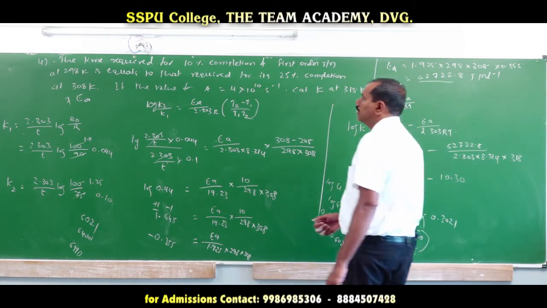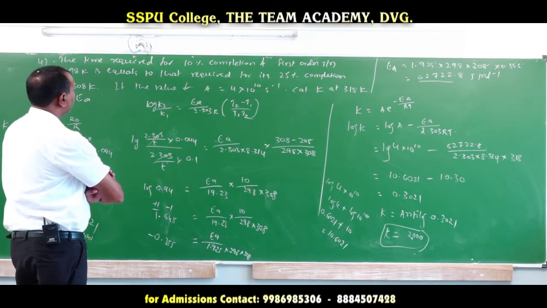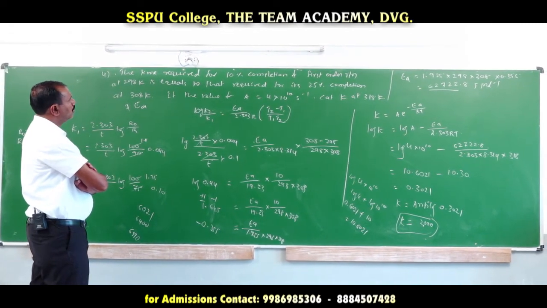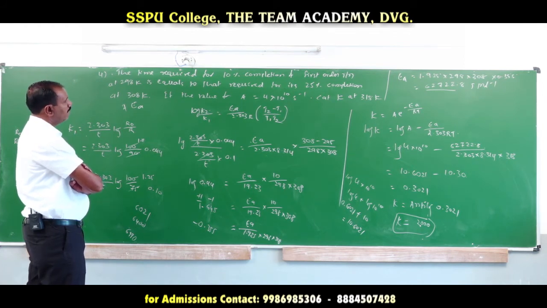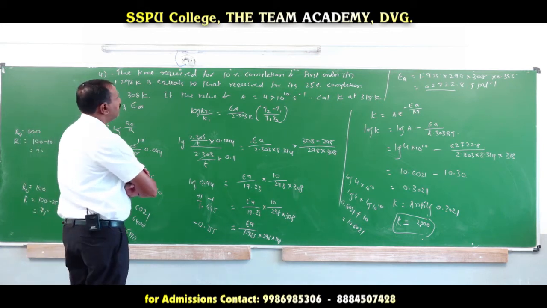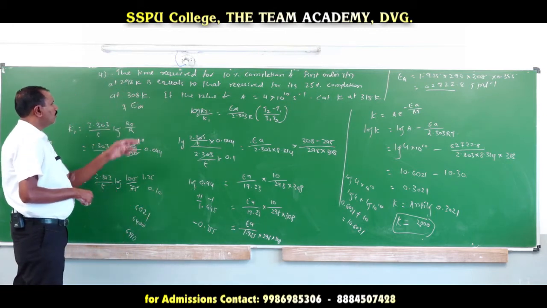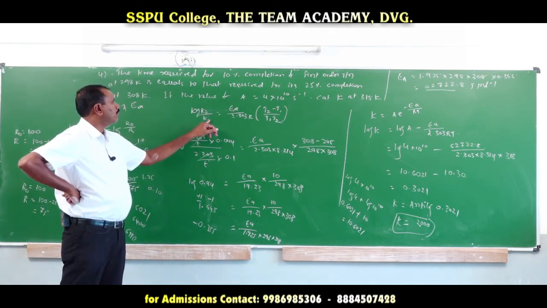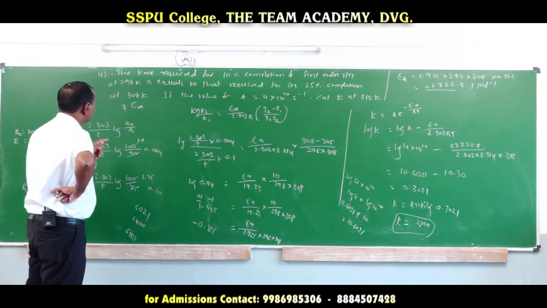Okay. You see, the time required for 10% completion of a first order reaction at 298 Kelvin is equal to that required for 25% completion at 308 Kelvin. How to find out the K value when A is 4 into 10 to the power of 10 at 318? First you have to calculate EA. To calculate EA we need log K2 by K1 equals EA by 2.303, this is the formula.